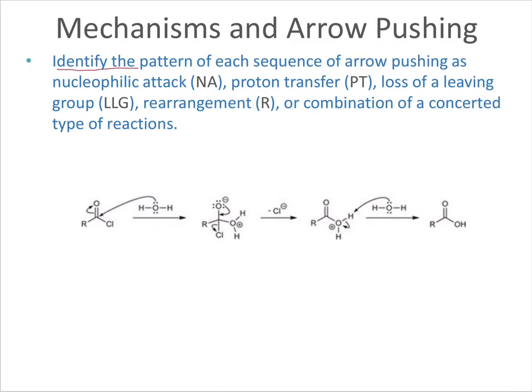Now identify the pattern of each sequence of arrow pushing as nucleophilic attack, proton transfer, loss of leaving group, rearrangement, or a combination of concerted type of reactions. So we need to be able to classify the atoms involved either as nucleophiles or electrophiles. Very important.